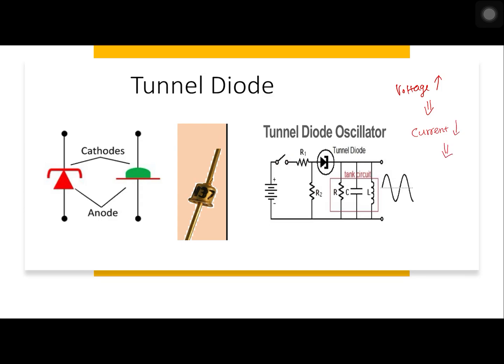So we say it gives you a negative resistance. Due to this negative resistance concept, they can be used in very fast switching. So they are part of modern day computers, and they are also used in devices such as a tunnel diode oscillator. This oscillator will generate a waveform at a certain frequency.